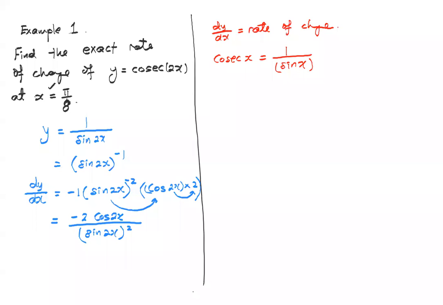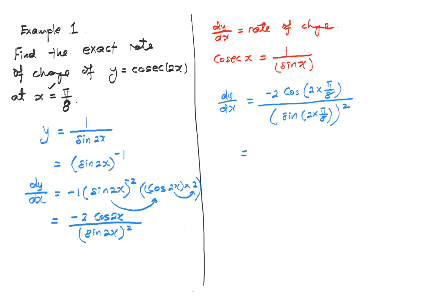In this case, you can straight away substitute in. That is dy dx equal to -2 cos 2 times pi by 8, divided by sin 2 times pi by 8, the whole thing squared.